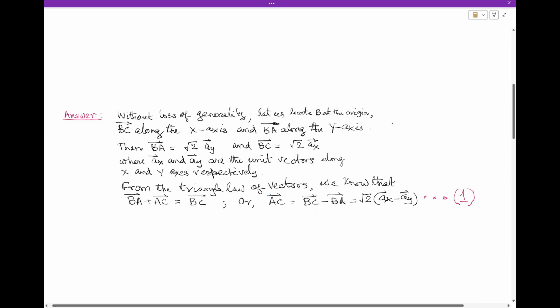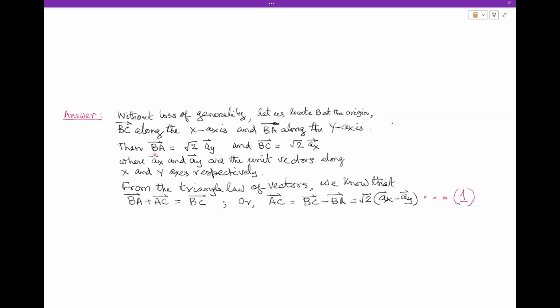Without loss of generality, let us locate point B at the origin, BC along the x-axis and BA along the y-axis.